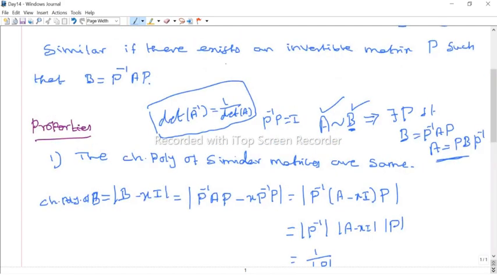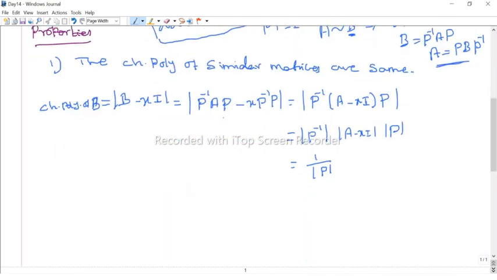We know A times A inverse equals identity for any invertible matrix. Applying the determinant on both sides, the determinant of A times A inverse equals the determinant of the identity matrix, which is 1. Applying the product rule, we keep the determinant of A inverse and divide 1 by the determinant of A. Therefore the determinant of A inverse is 1 by determinant of A.